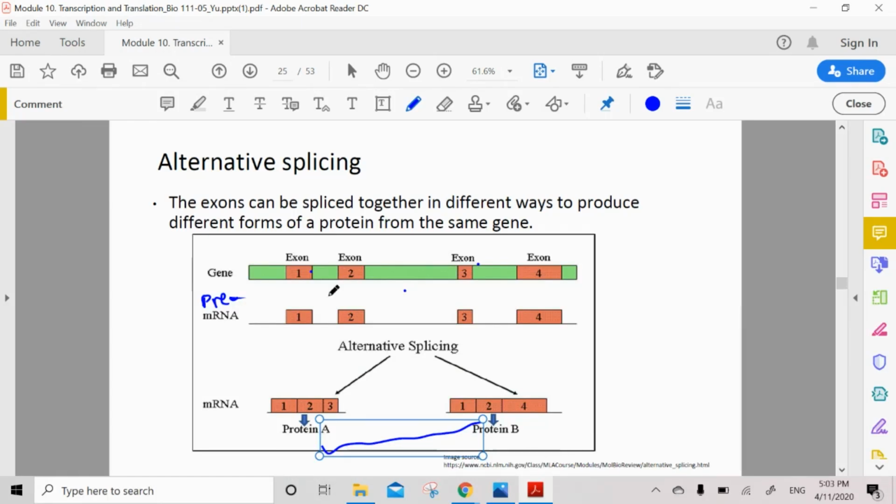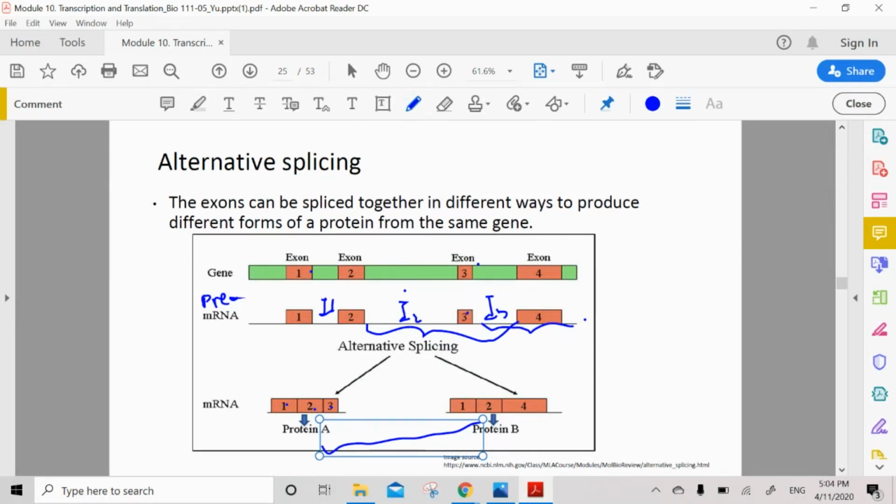So if you take out intron 1, intron 2, and intron 3 along with that exon 4, then this is what your final mRNA looks like. So you have exon 1, 2, and 3. Now you can do it another way. You can take out intron 1, and when you take out intron 2 and intron 3, you can also take out the exon in between them.